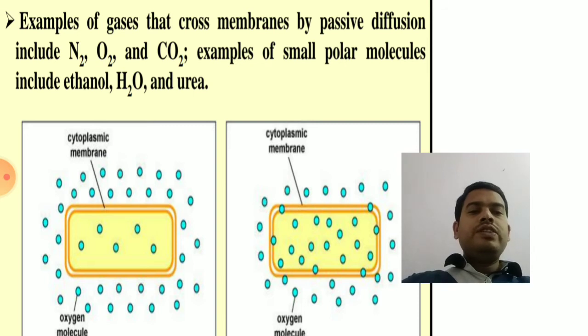The molecules which play an important role in simple diffusion include all the gaseous compounds: nitrogen, oxygen, CO2, etc. Also some polar molecules like ethanol, water molecules and urea are transported by simple diffusion.